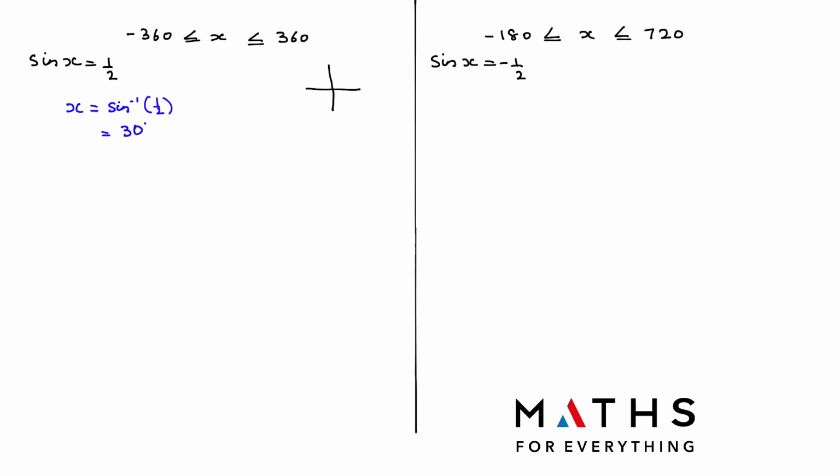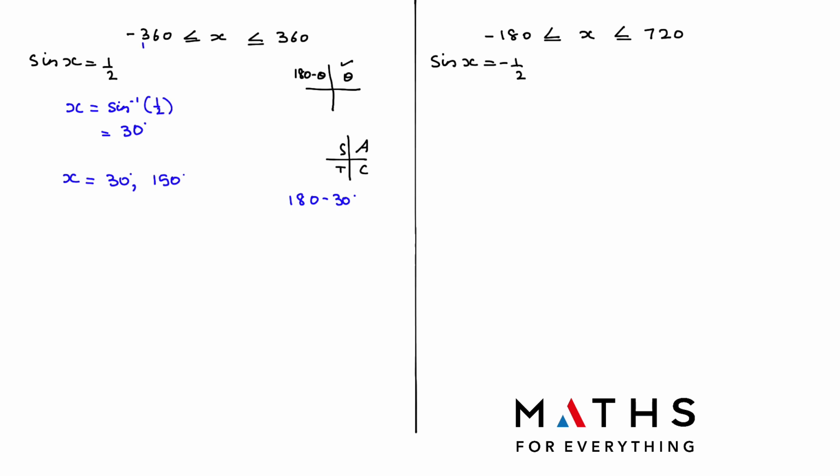It is positive in the first quadrant, which is theta, and in the second quadrant, which is 180 minus theta. So knowledge of ASTC is very important. I will write my value x is equal to 30, and the next value is going to be 180 minus 30, which is 150.